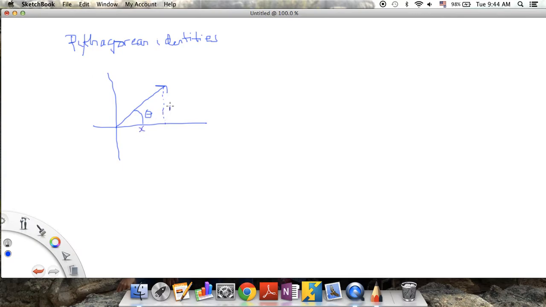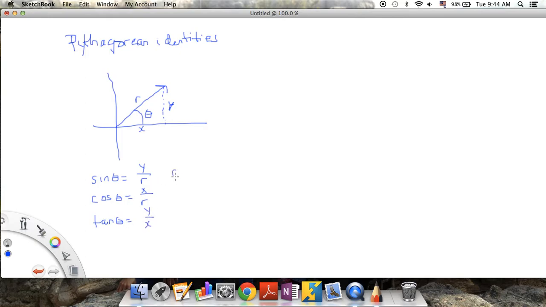If we set up a triangle, let's call this one y and this one r, we know that we have some trig functions. We know that the sine of theta is the opposite over the hypotenuse, and the cosine of theta is the adjacent over the hypotenuse, and that the tangent of theta is the opposite over the adjacent.